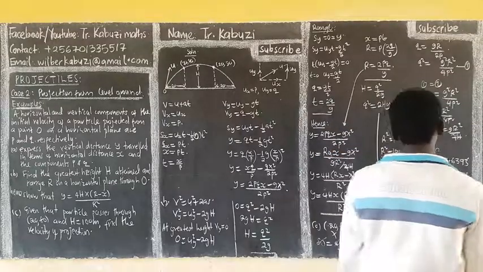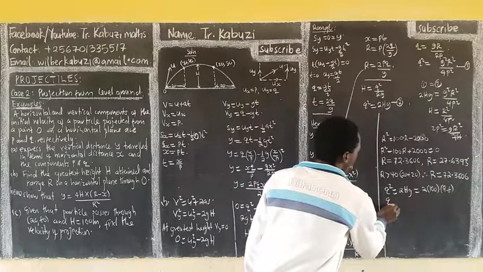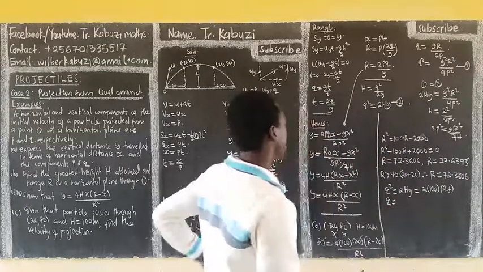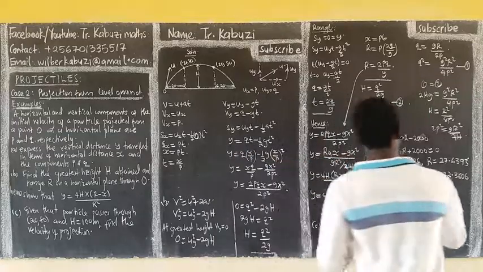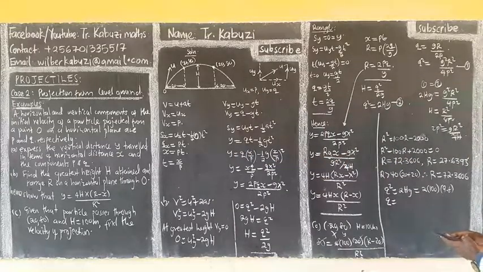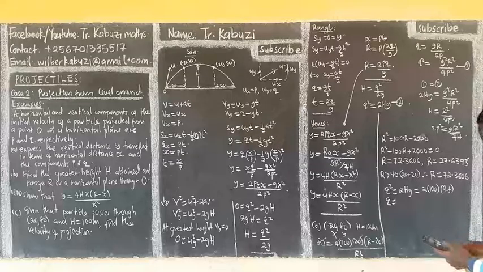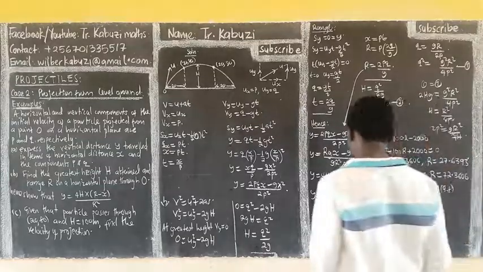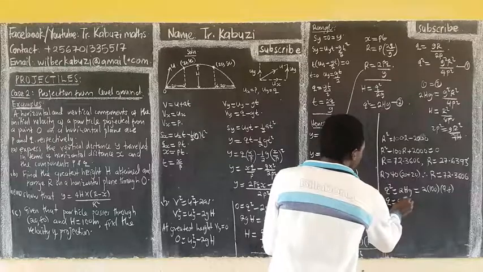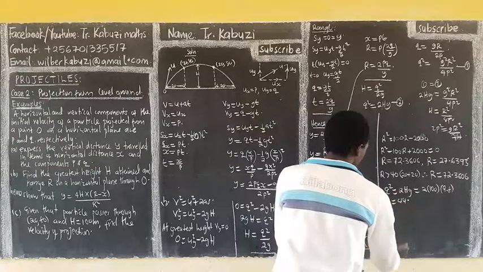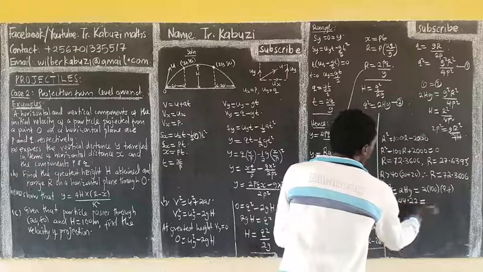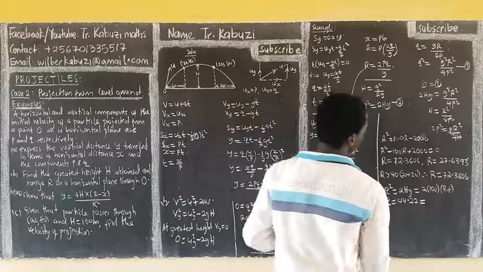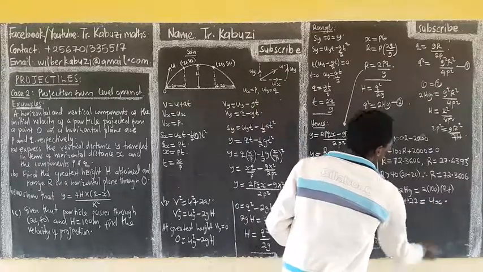If we take the positive root, here my Q is going to be 44.27, and this Q is the same as our uy.